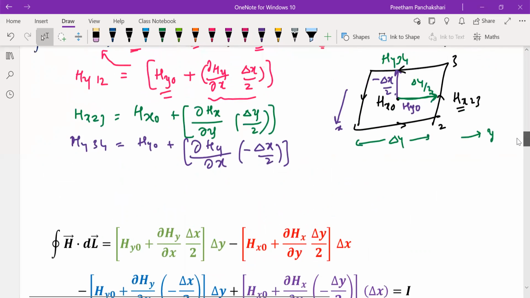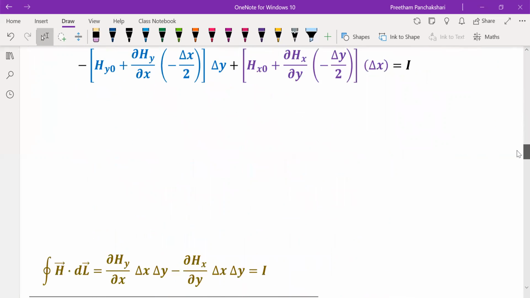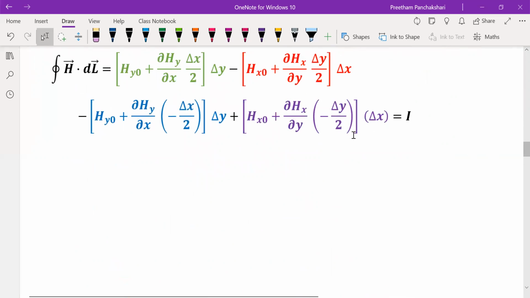So the same equations, three. The fourth one I have left for you; you can analyze it. So what is that equation? That is to be taken for this path. This is opposite to the y-axis, so it's going to be minus delta y by 2, because the distance is happening in the negative direction. So that is taken care of here. Look at this one.